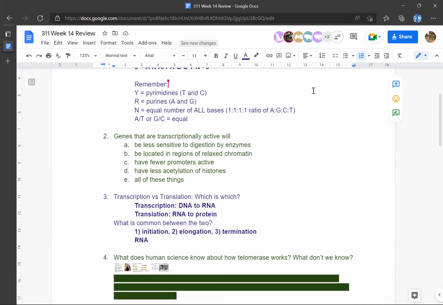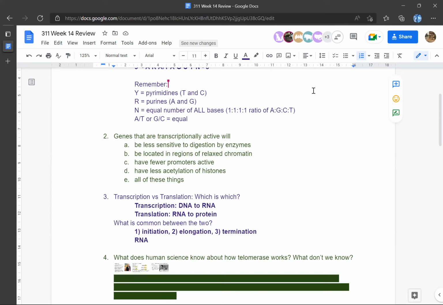And because the histones are now more negative, they repel the negatively charged DNA. And when the histones repel the DNA, then the DNA is no longer as tightly wound around the histones, and it's easier to get at the information. It becomes more relaxed. So it wouldn't be less acetylated.